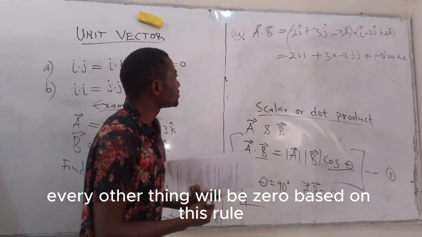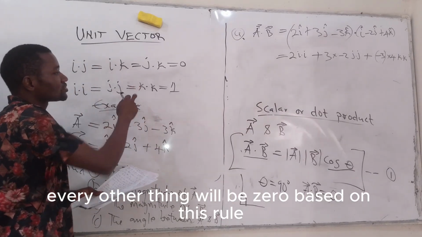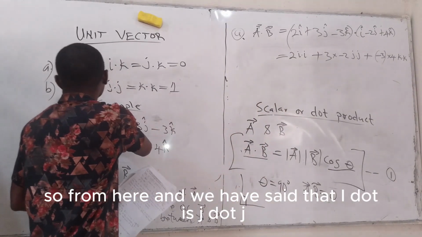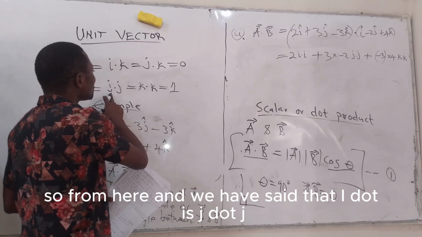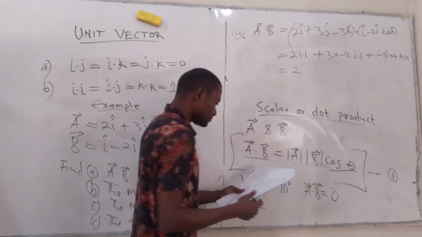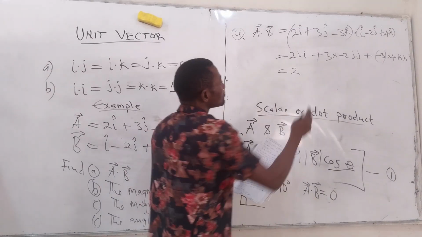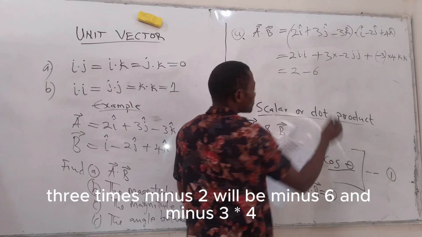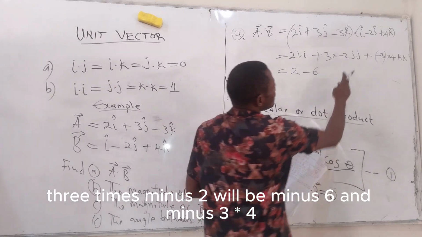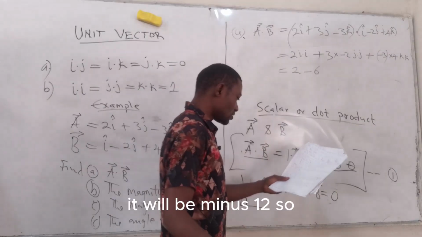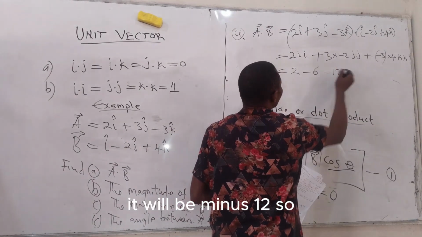Every other thing will be 0 based on this rule. So from here, we have said that i dot i, j dot j, k dot k is equal to 1. So here we have 2, 3 times minus 2 will be minus 6, and minus 3 times 4 will be minus 12.